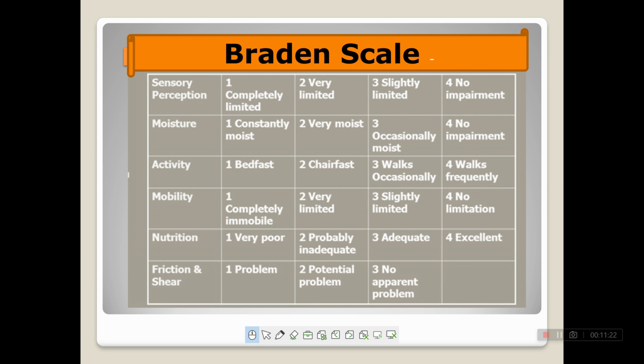If the patient's function is completely limited, we give it a 1, very limited 2, slightly limited 3, and if there is no impairment, we give 4 points.